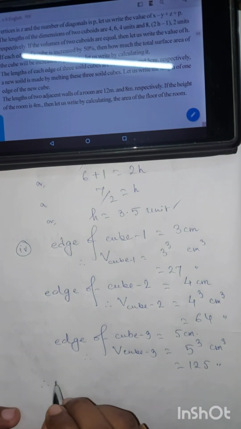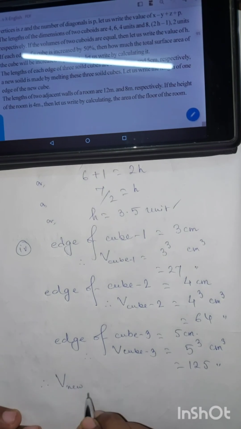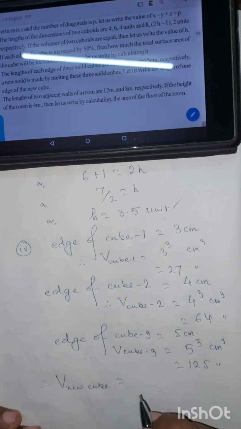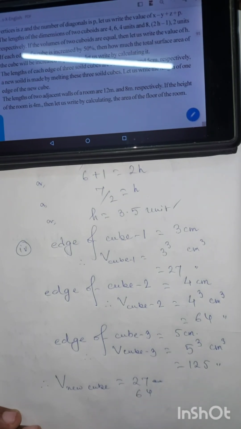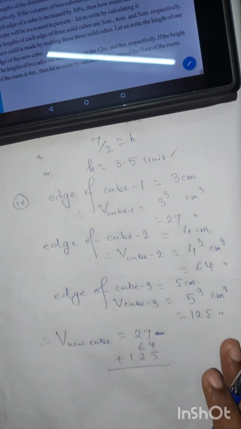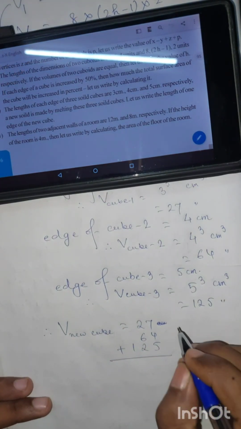Therefore, volume of new cube should be 27 plus 64 plus 125. These are all in centimeter cube.